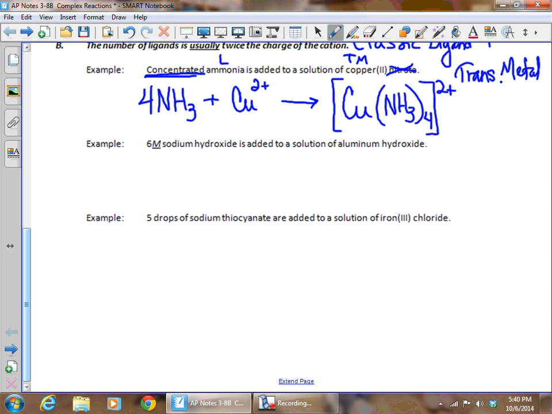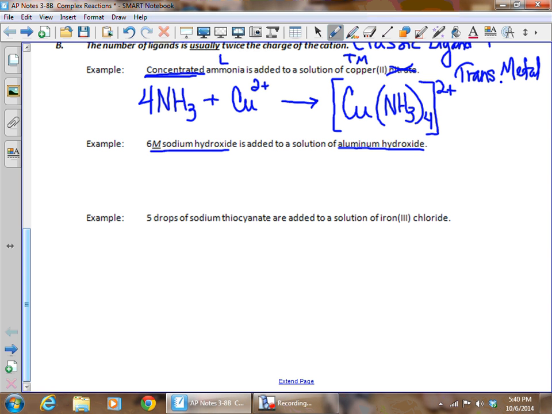Okay, the next one, and this next one we're adding sodium hydroxide to a solution that's still hydroxide, aluminum hydroxide. So when you have this type of situation, you're going to get more hydroxide added onto this particular compound.